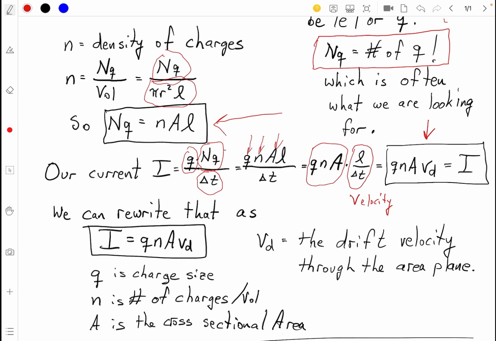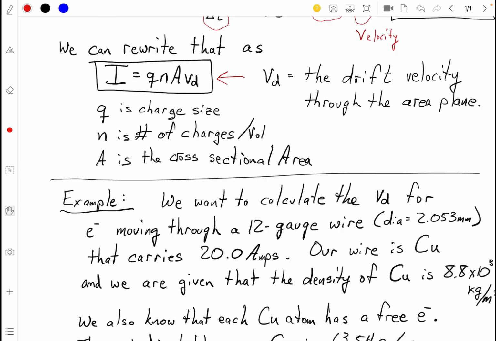So I just rewrote it here. You'll notice that the VD is our drift velocity through the area, Q is the charge size, N is the number of charges, and the area is the cross-sectional area of our wire.